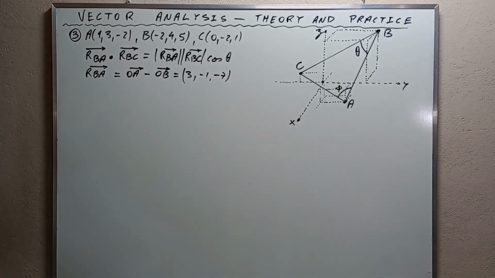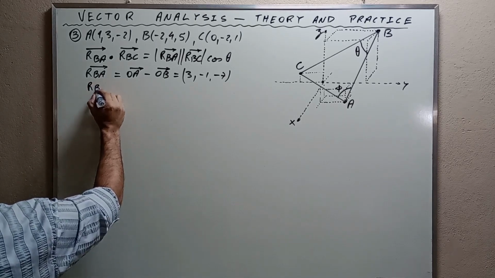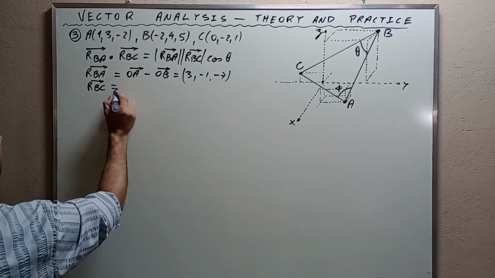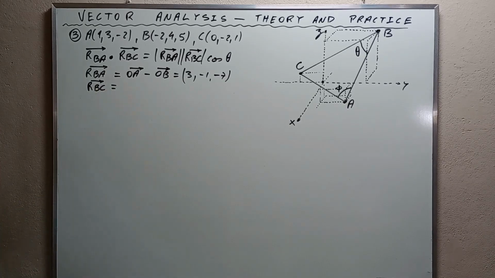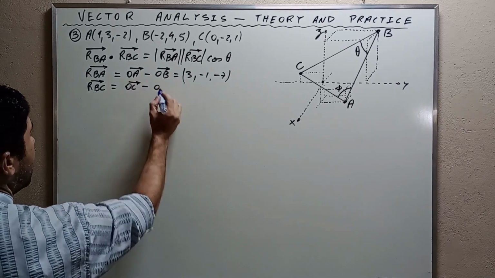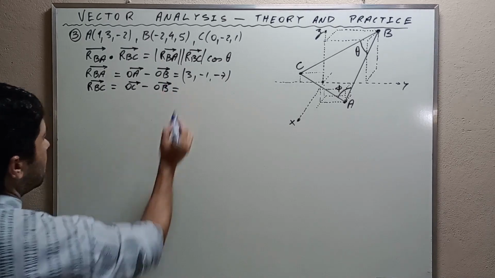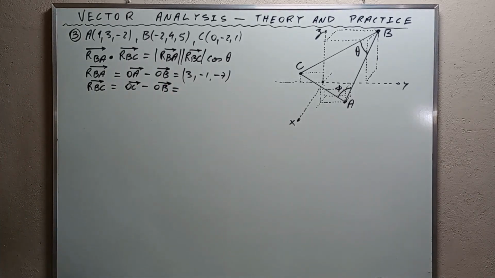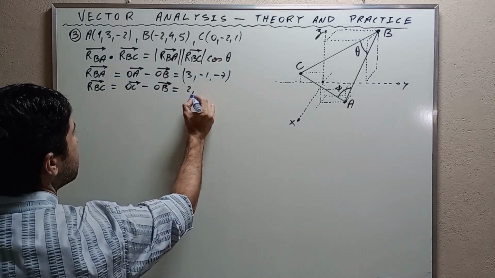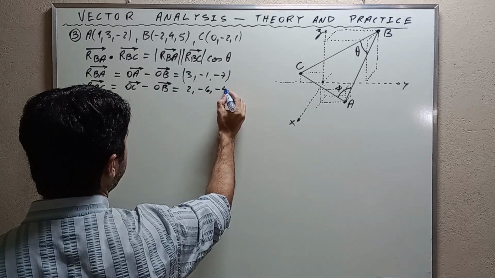Likewise, RBC can be understood as the vector from the origin to C minus the vector from the origin to B. And if we compute, we find 2, -6, -4.